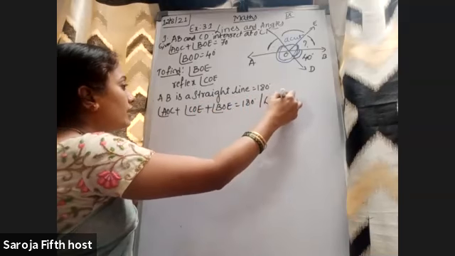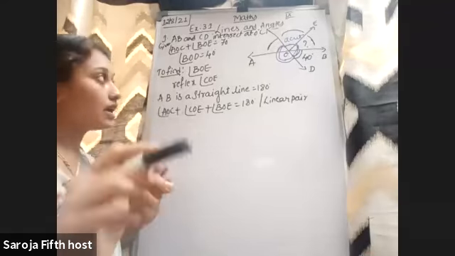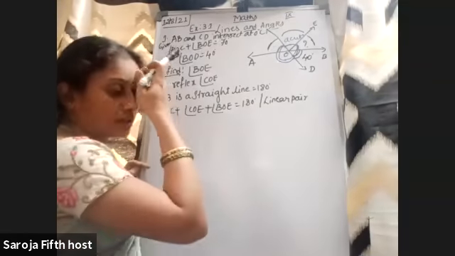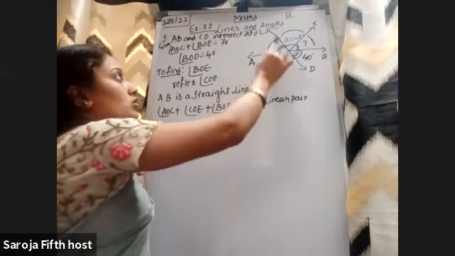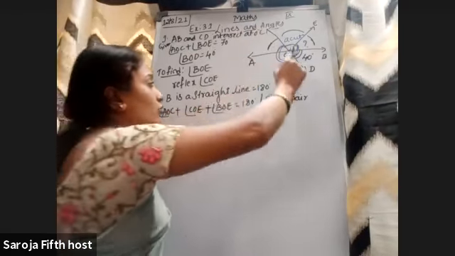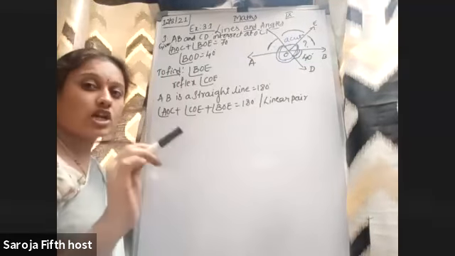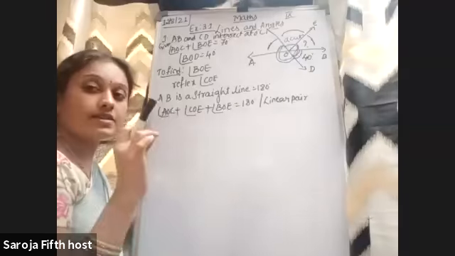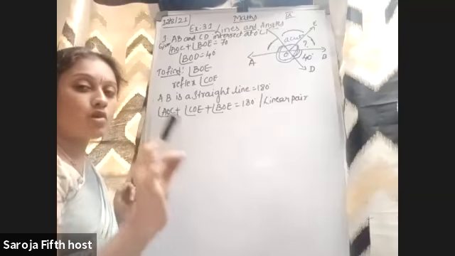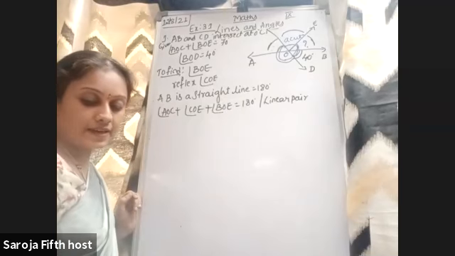The reason is the linear pair. Once again, AB is a straight line, and the angles AOC, COE and BOE are formed by the rays OC and OE standing on the straight line AB. The sum of those angles will be 180 degrees. Is it clear?